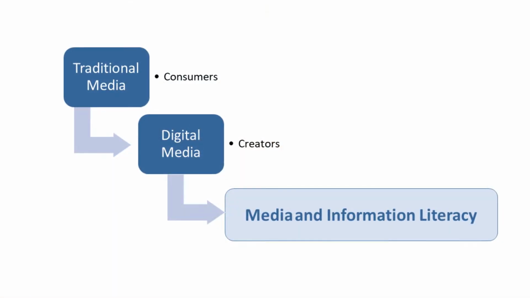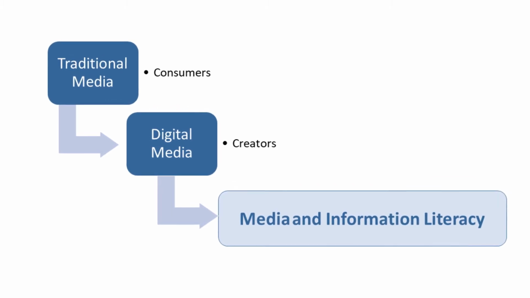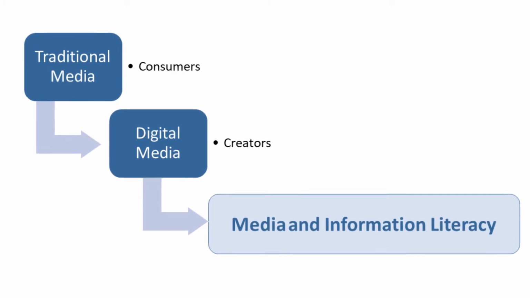What makes the UNESCO definition interesting for us is one crucial aspect, which we must keep in mind when thinking about social media literacy. In contrast to former understandings of media and information literacy, new digital forms of literacy see us not only as passive consumers of media, but as active creators.